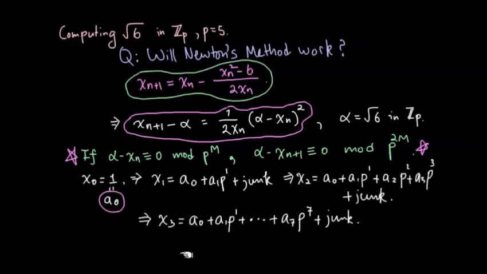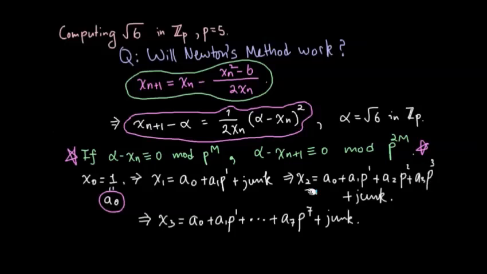So here's an example. I start from 1. That's the first digit. It's congruent mod 6 if you square it. Then it has one correct digit. If you run this algorithm, Newton's method, it's guaranteed that it's going to have 2 digits correct, because 2 times 1 is 2. Once you have 2 digits correct, it's going to have 4 digits correct.